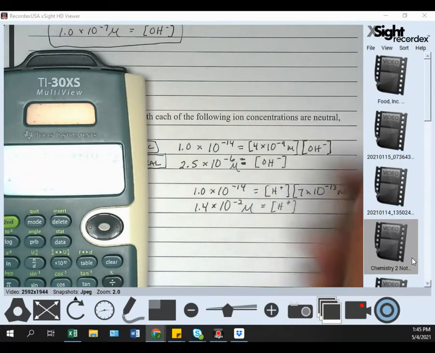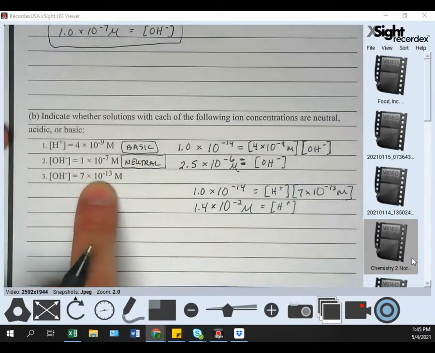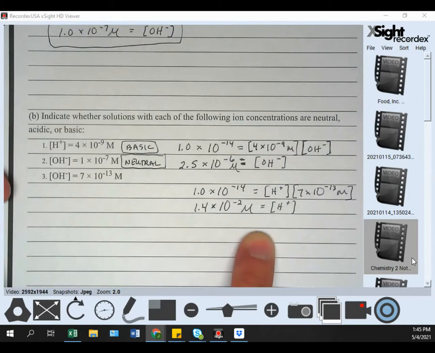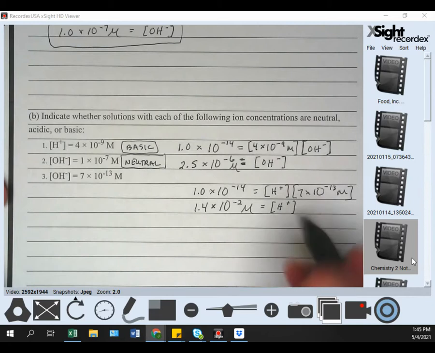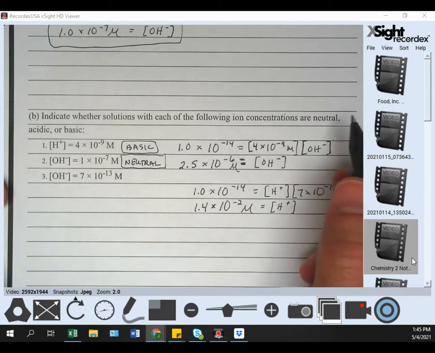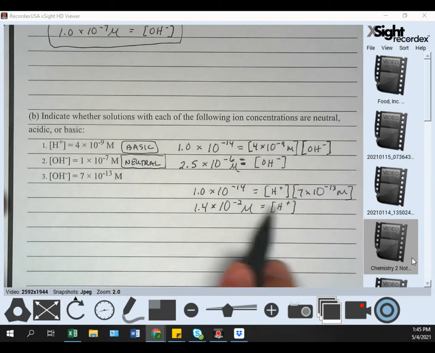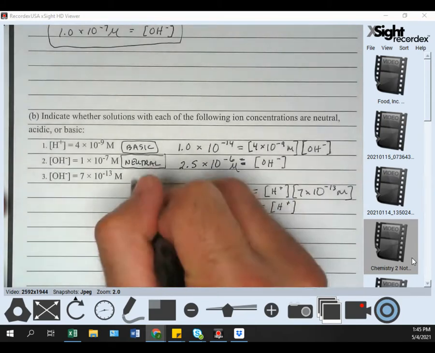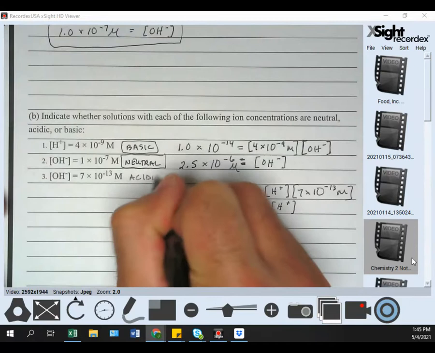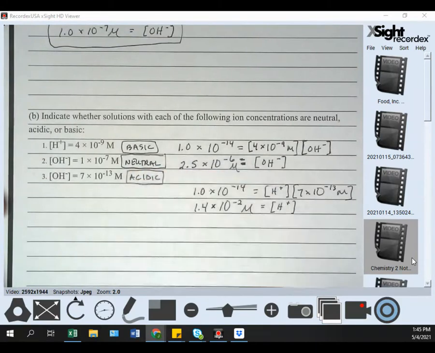So you guys are right. This is smaller. Hydrogen is bigger, which makes it what? Acidic, basic, or neutral? Acidic. Yeah, hydrogen is bigger, so acidic. Good.